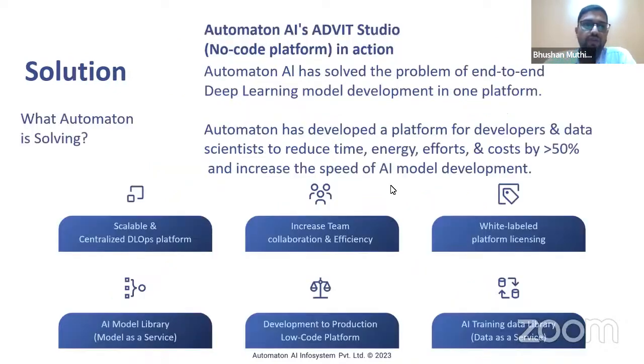And that is exactly what we are trying to solve using Automaton AI's no-code platform, Advit Studio. We are bringing everything together as a centralized platform, which can be on-premise and also customizable along with APIs, so that customers can work on custom development on top of this platform for AI ML model development.